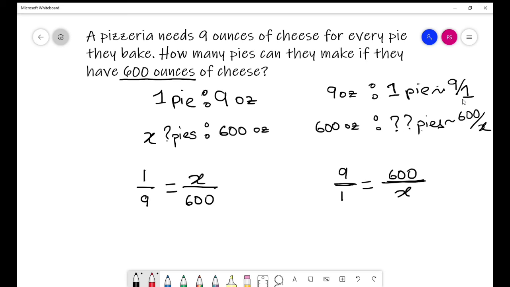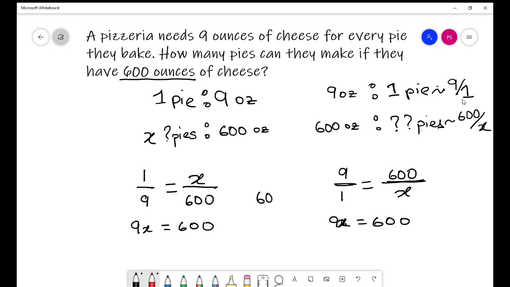One pie that you can bake, x, is the unknown number of pies. After this, the step becomes pretty straightforward. We cross multiply, so we get 9x is equal to 600. And notice how if we cross multiply here as well, we get 9x is equal to 600.